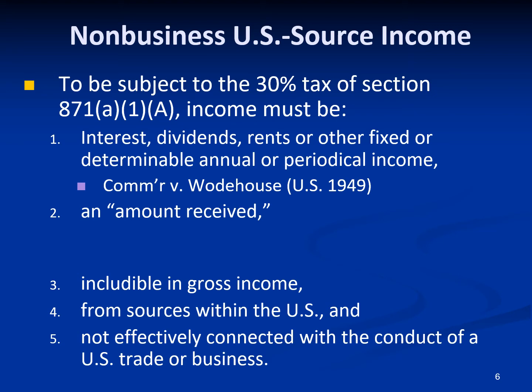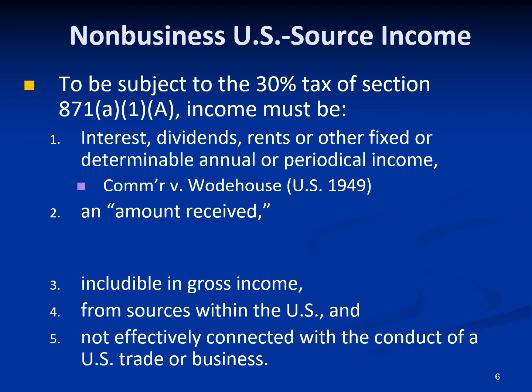Therefore, they are subject to the 30% tax only if they fall within the category of other fixed or determinable annual or periodical income. The court concludes that the payment to Woodhouse falls within this category, even though it is a lump sum payment.